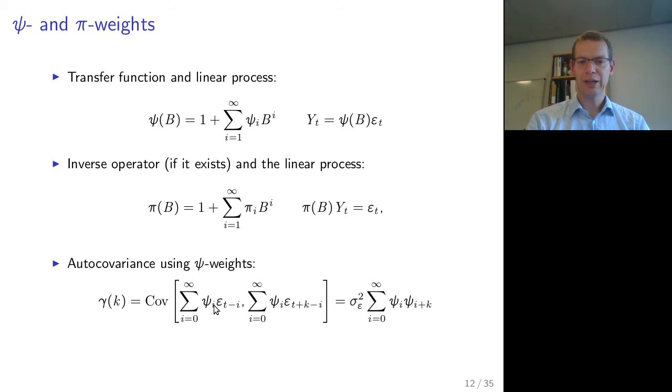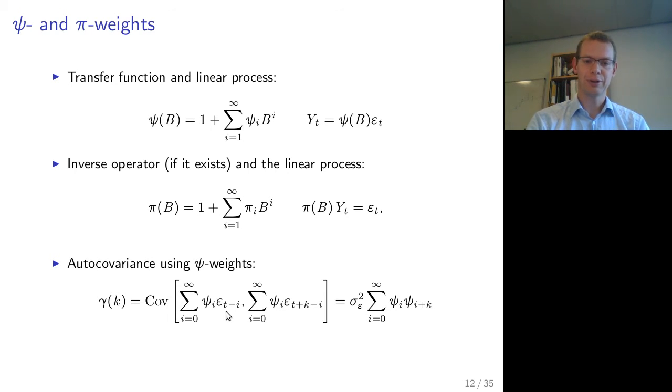So we have the epsilon t with psi 0 as a weight, and we have the epsilon t here with psi k as weight.